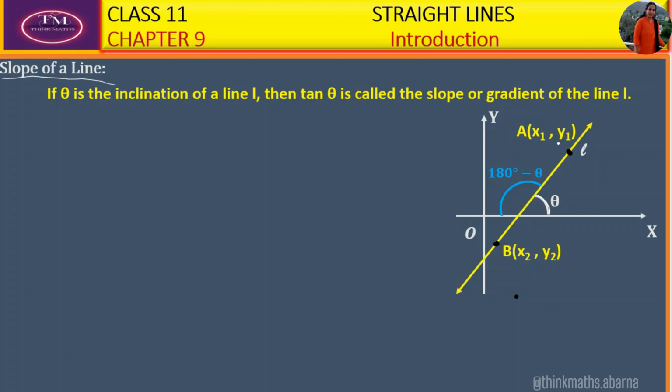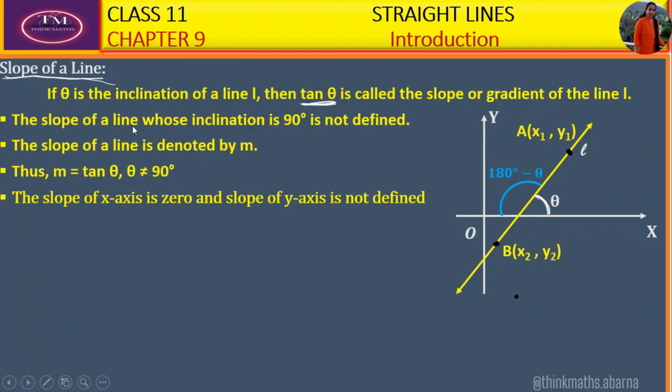If these data are given, we can find the slope of a line. The slope of a line is nothing but tan theta. Now suppose the inclination of a line is 90°, then the slope is not defined.